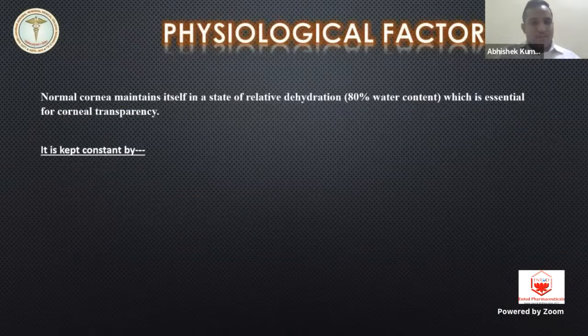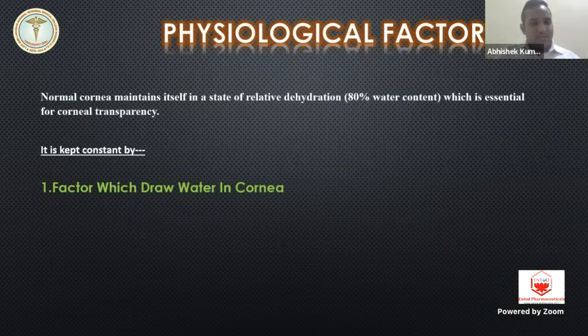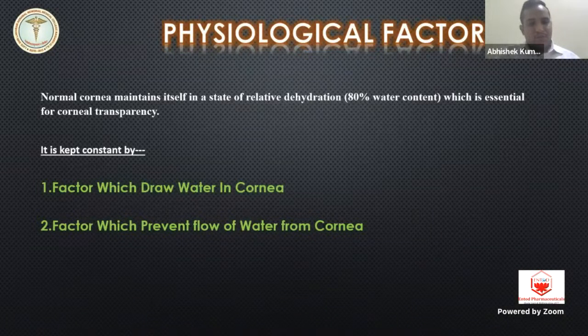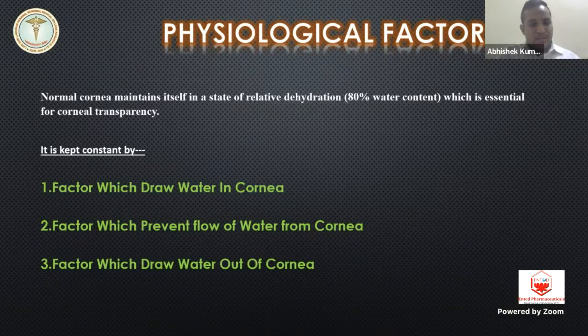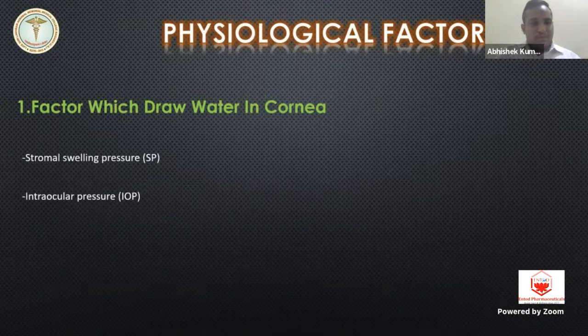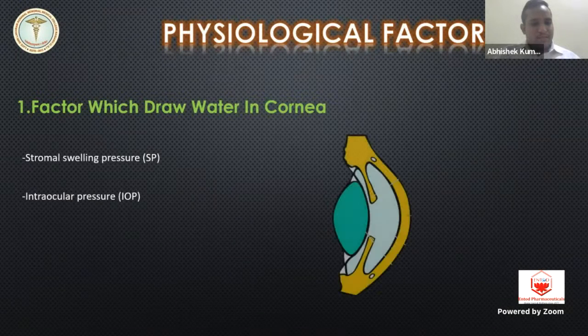Now physiological factors. The normal cornea maintains itself in a state of relative dehydration, which is essential for corneal transparency. It is kept constant by factors which draw water into the cornea, factors which prevent flow of water from the cornea, and factors which draw water out of the cornea. Factors which draw water into the cornea are two: stromal swelling pressure and the intraocular pressure, that is IOP.